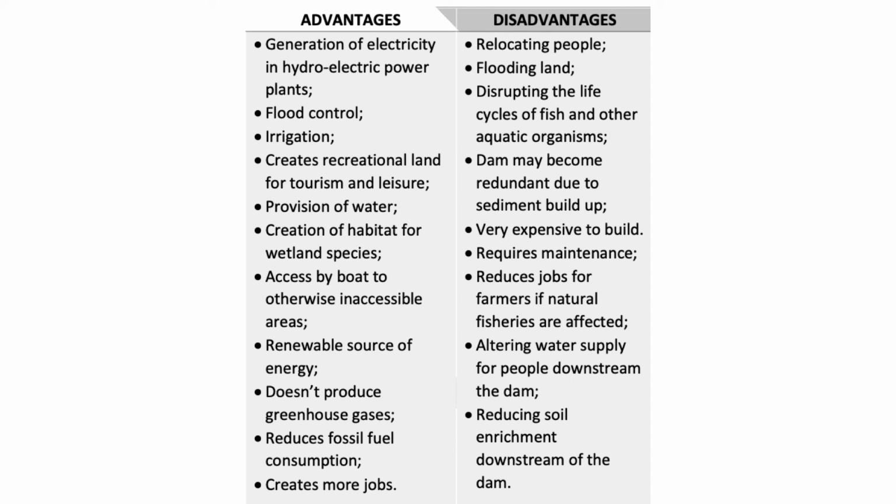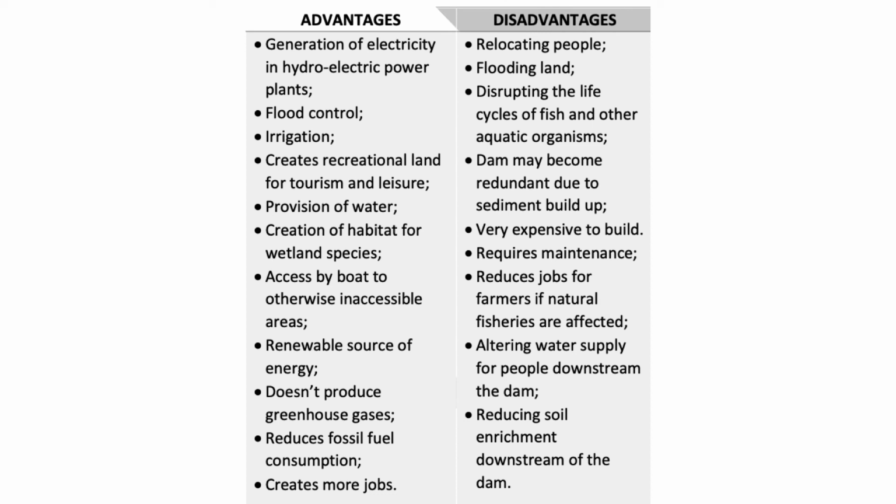If you look at the advantages: provide electricity, flood control, it is also used for irrigation, it can create recreational land for tourism, it provides water to the people, it creates habitat for wetland behind the reservoir, access by boat to the area, especially in remote areas, it's a source of renewable energy as it does not produce greenhouse gases, it can reduce fossil fuel consumption, and the most important, it provides jobs to the local people. However, you have to remember the disadvantages.